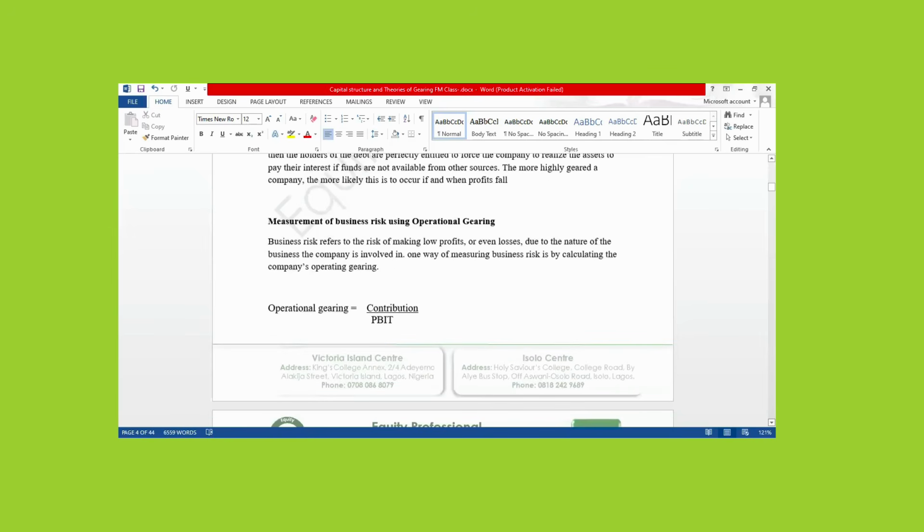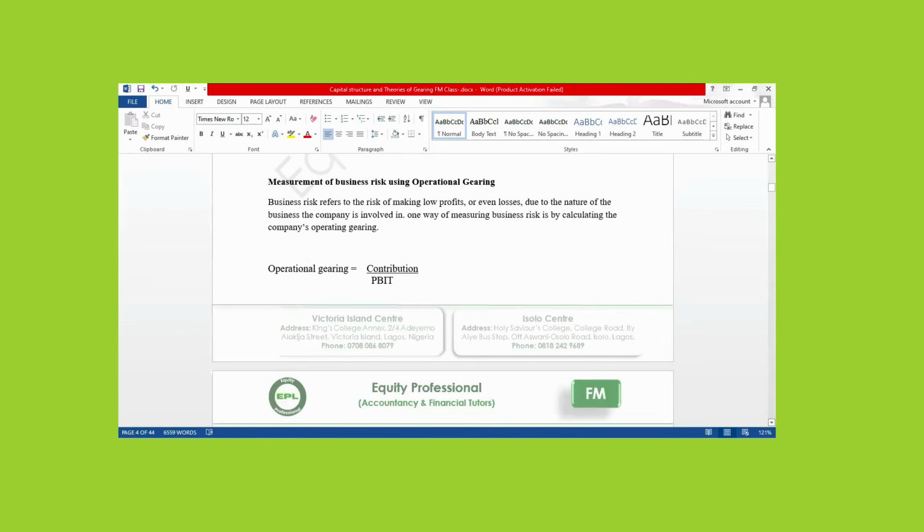To calculate operating gearing, you can use contribution divided by profit before interest and tax. Your operating gearing measures the relationship between contribution and earnings before interest and tax.